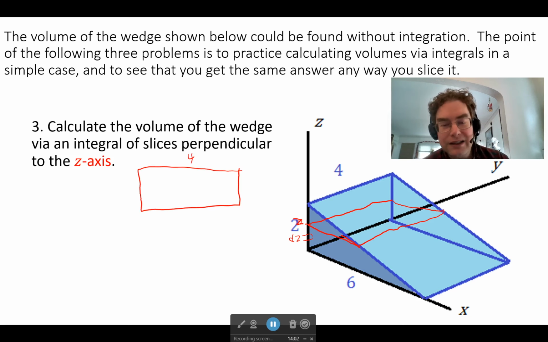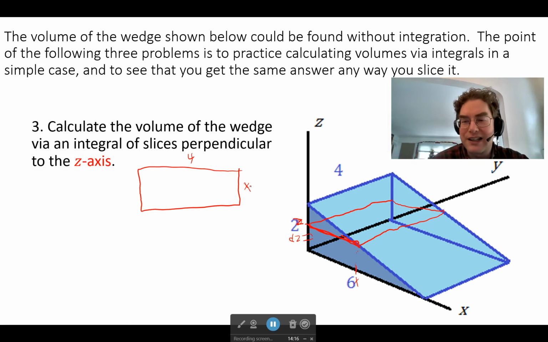But now we need to know this dimension here. If you think about bringing it down here, it is the x value that we are interested in to give us what we would usually call the height of our rectangles. Maybe in this case, length would be more appropriate, but we need to get that value right there.